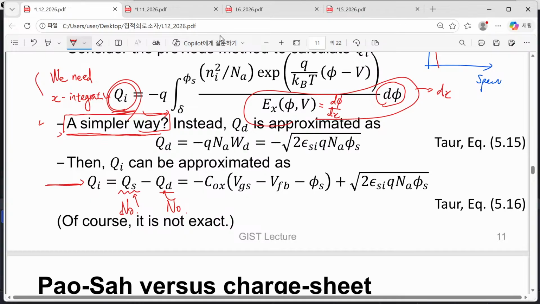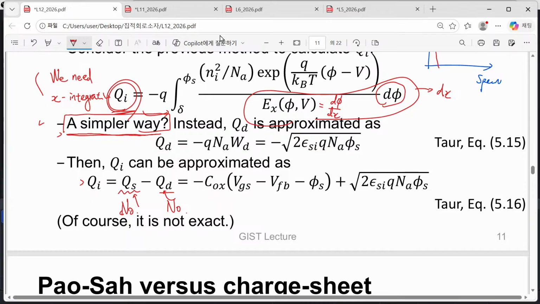Pao-Sah dictates a double integral, but by introducing this approximation, we already kick out the very first internal integration. So it means that now we have only a single integral over our length scale, y scale, or V scale.